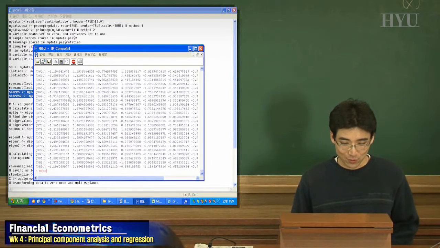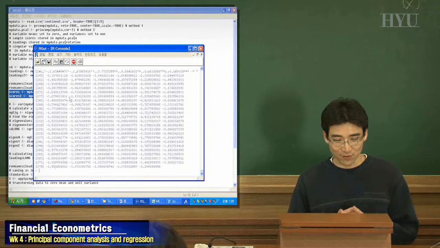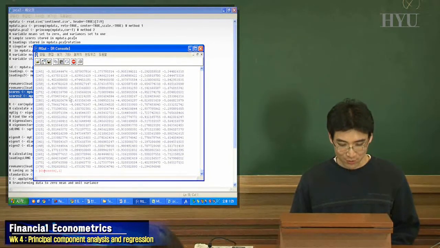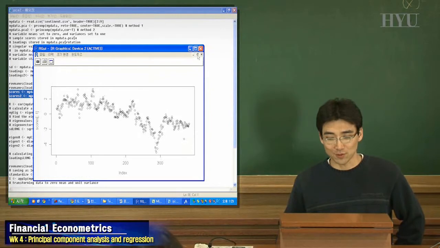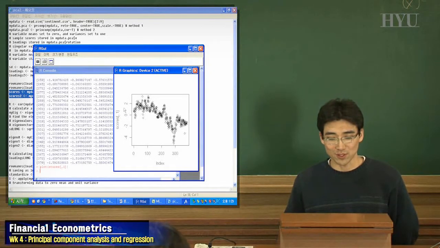Okay, scores 1 is basically your first principal component, and what I wanted you to do was plot this one and do the plotting. Something looks like this. So they are basically the first principal component of the original data.